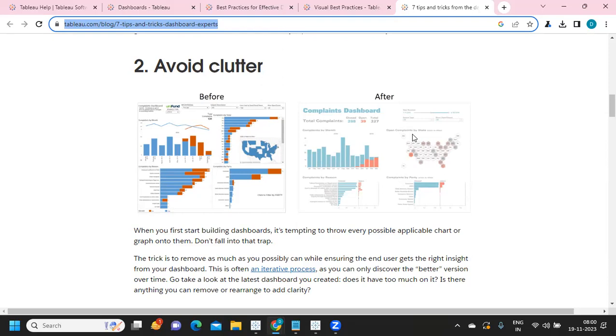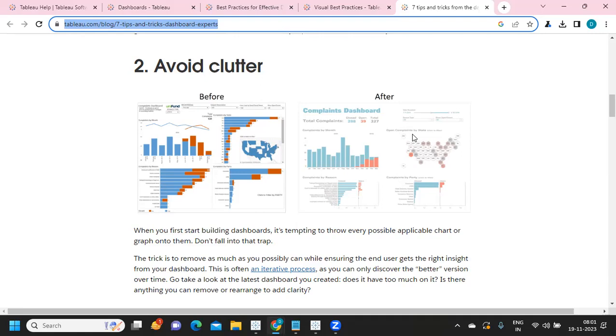I also made many mistakes during the initial stages of my dashboard design. I used to clutter my dashboards. My titles were not consistent. My colors were not consistent. But as I progressed, I realized it is not about having all the worksheets together in one dashboard.